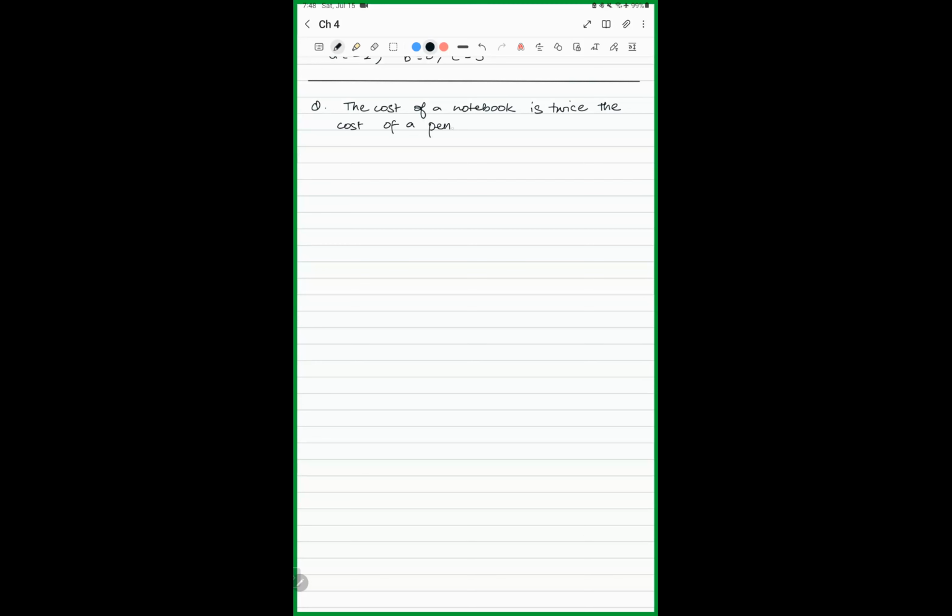Write a linear equation in two variables to represent this statement.